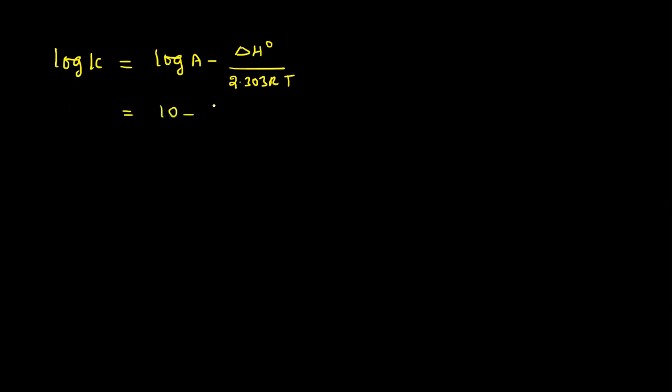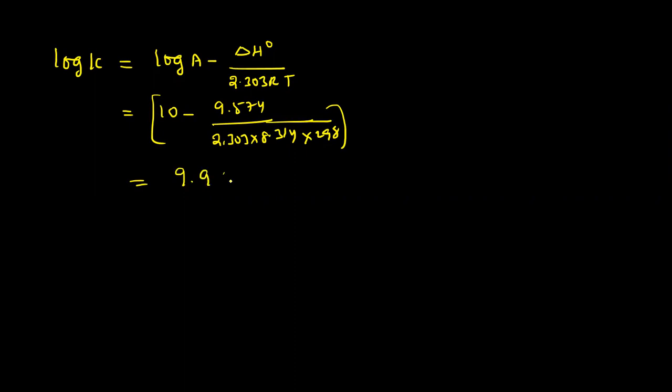ΔH° we have calculated is 9.574 by 2.303 into 8.314, and the temperature is 298. After simplifying this entire value I got 9.998. So the log K value is 9.998.